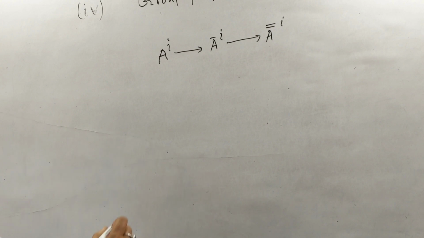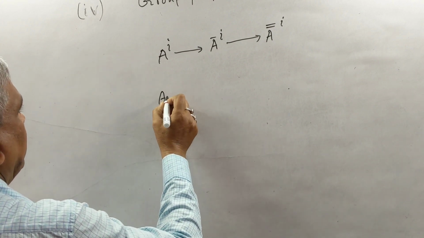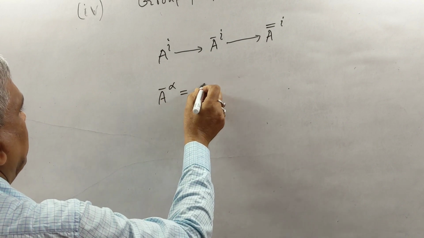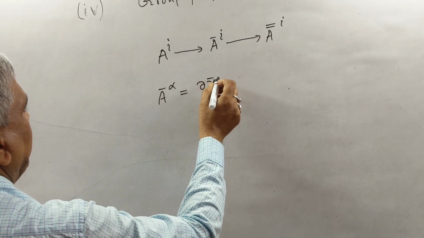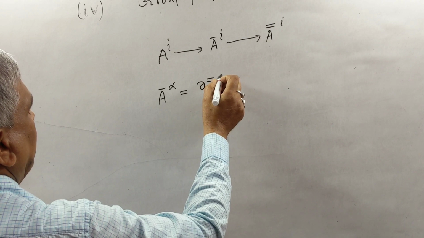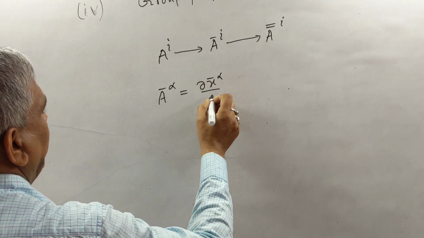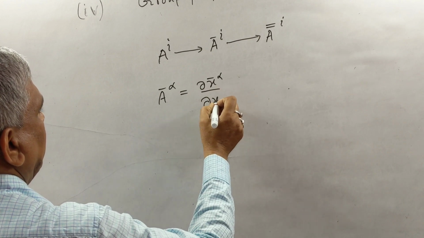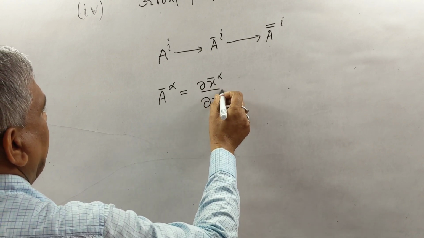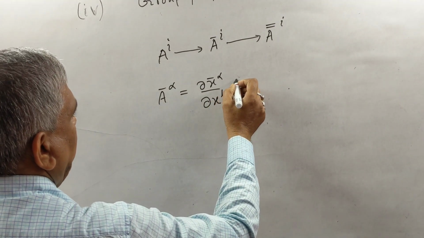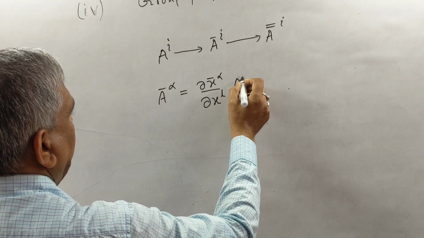According to the tensor law of transformation, A bar alpha equal to del x bar alpha by del x l, A l.